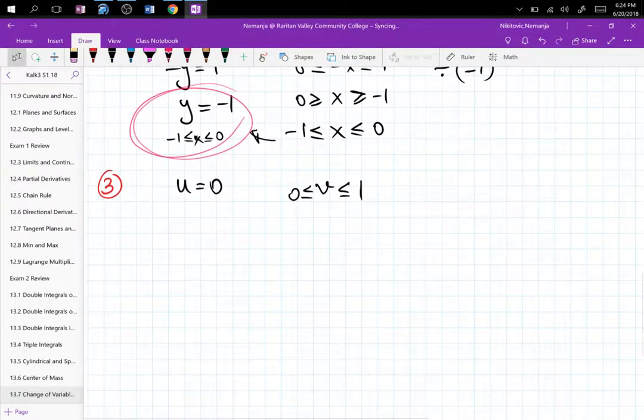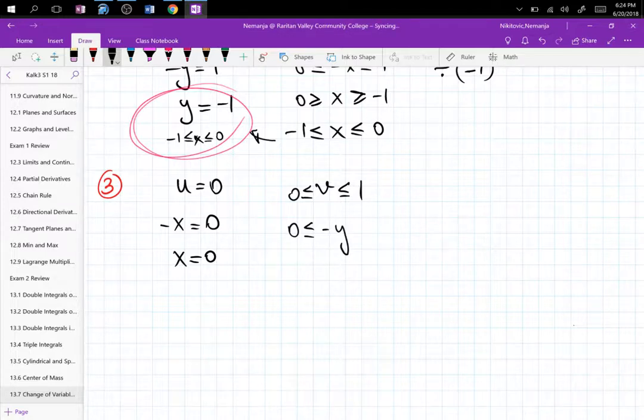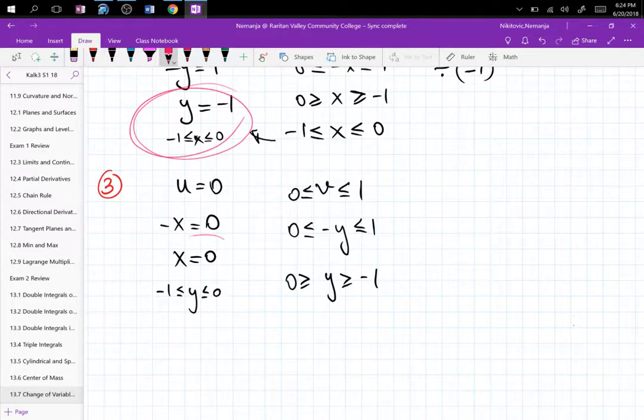Again, replace the transformation in. So we have -x equal to 0. Well, that's just x equals 0. That doesn't change. And on the other side, we have the change because we have 0 less than equal than -y less than equal than 1. Then we divide by -1, switch the sign, so 0 larger than y, larger than -1. So we have that -1 less equal than y less equal than 0 is the transformation for the third part.